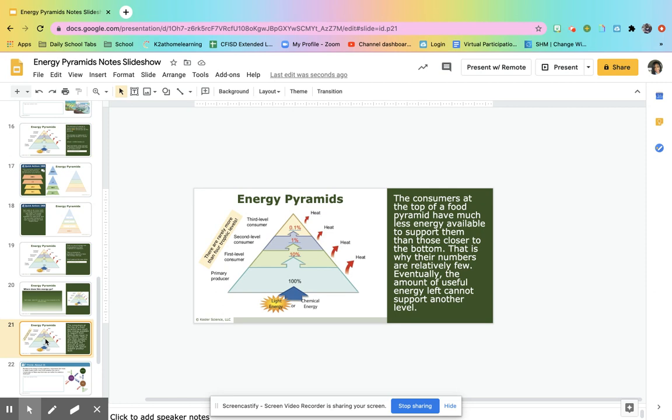So eventually the amount of energy left cannot support another level. So you may end up stopping at the second level consumer or even the tertiary consumer and not go further to the quaternary consumer, okay?